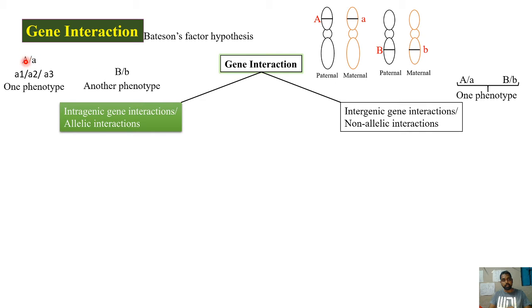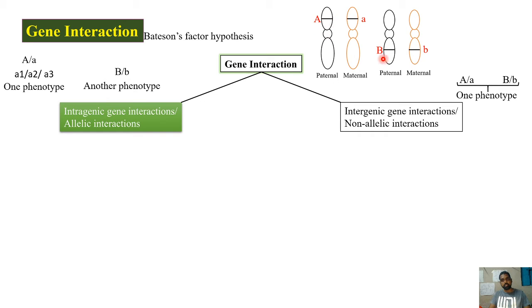That is, one is dominant means the other one will be recessive, or maybe incomplete dominance or codominance, whichever it is. The common thing is there is only intragenic, that is, within the gene only there is interaction, or allelic interaction only. But this one is intergenic, that is between two different genes.